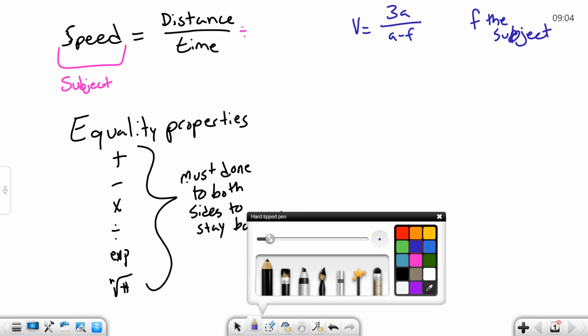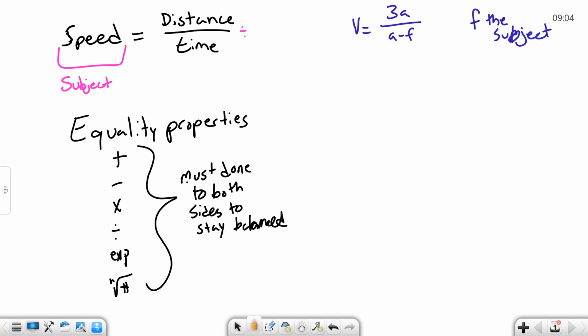Before we start moving variables around, it is important to know that 3a is divided by the partial solution of a minus f. So we're going to treat a minus f for right now as a pair. You can't move one without taking the other. That's why I put the parentheses there.